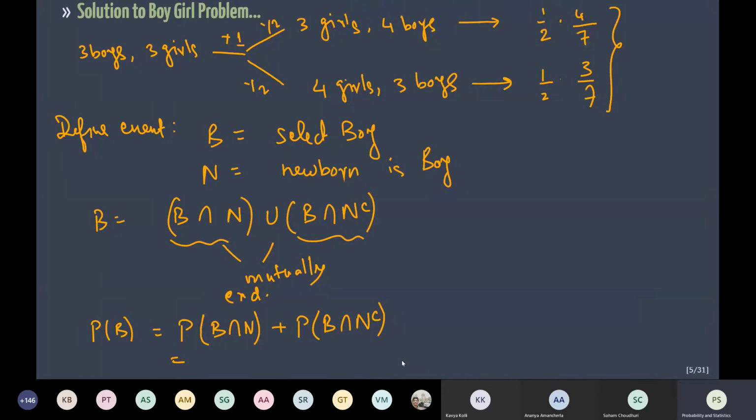Yes is saying 4/7. Achilles is showing 4/7. Mehul is showing 4/7.